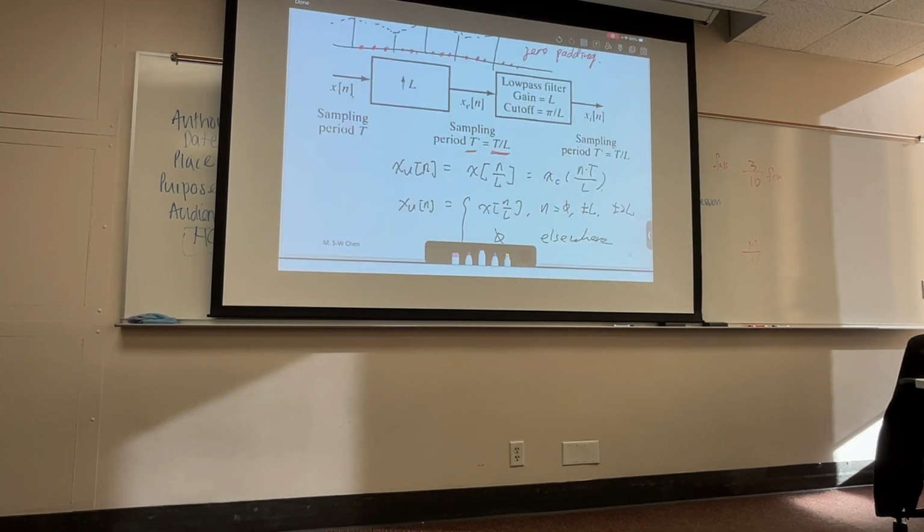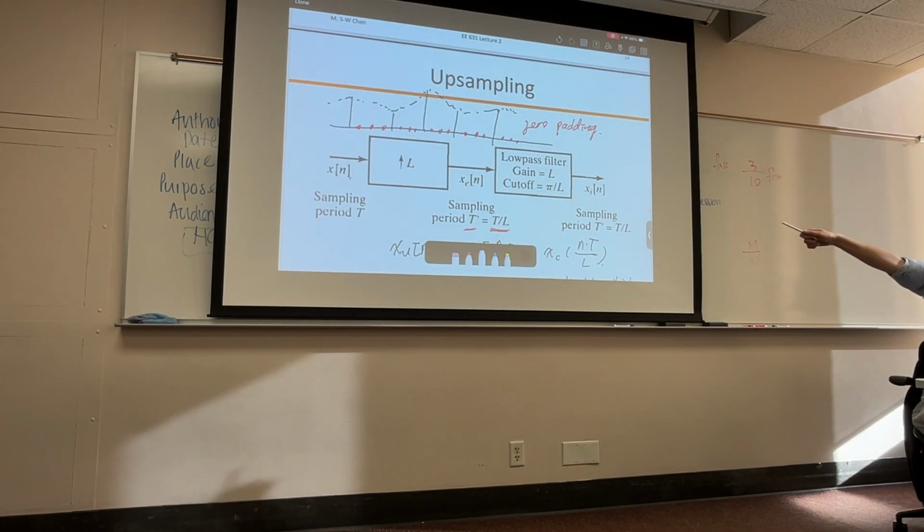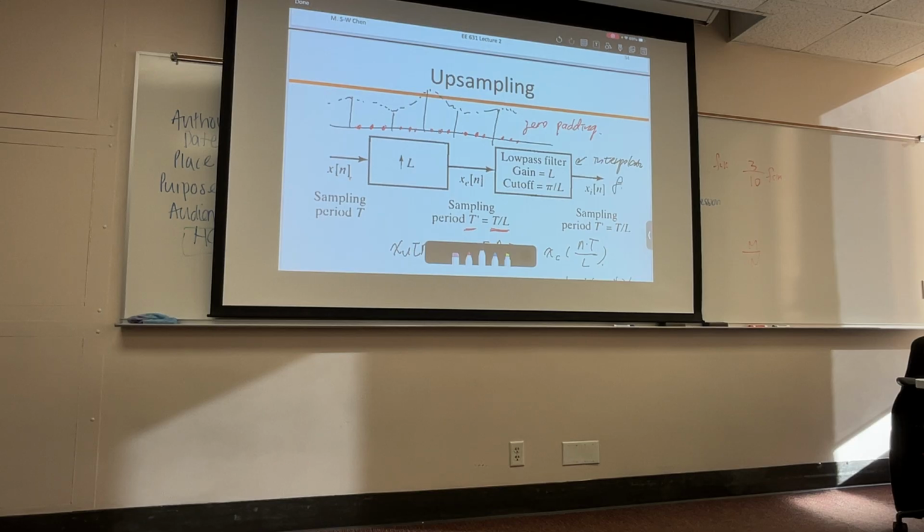Don't forget, if I do upsample, you do the upsampler and then you have a low pass filter afterwards. That's the interpolation filter. Okay, so far so good? Just like downsampling needs a pre-filter, which is like an anti-aliasing filter.